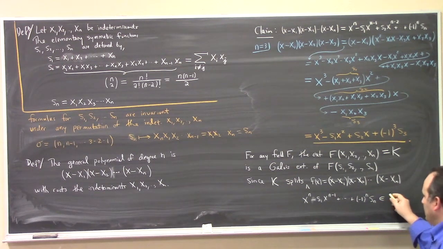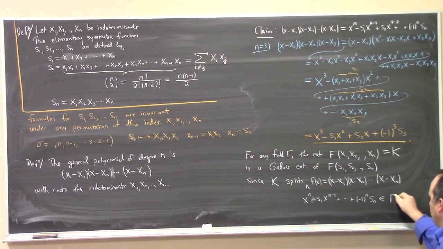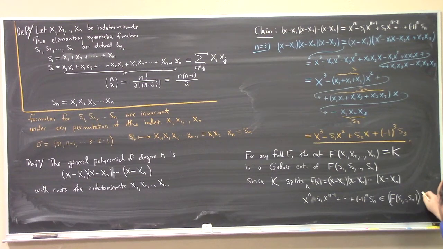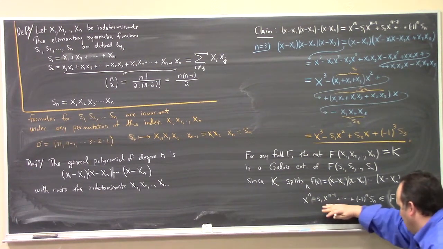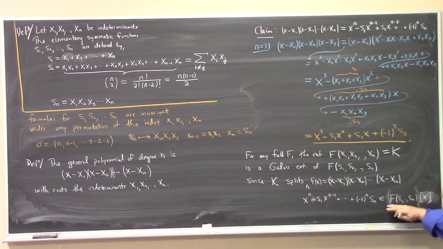This is an element of f of s1 through Sn. I don't need the field here. It's a polynomial, right? Well, notation is failing me, but this is a polynomial with coefficients in the symmetric functions, right?